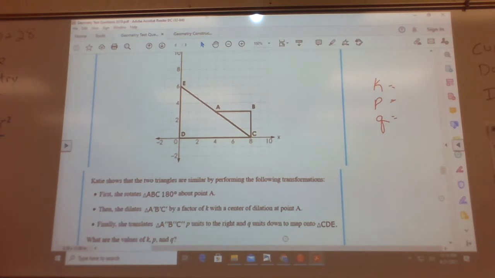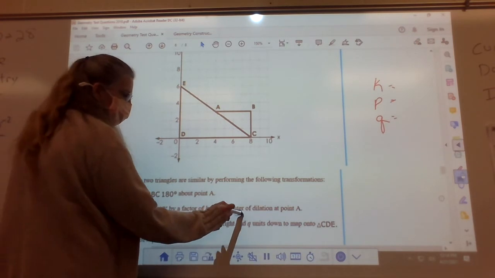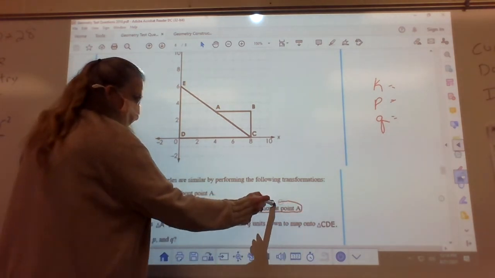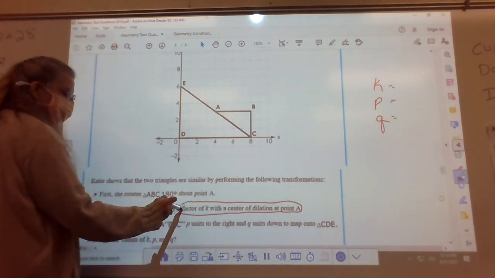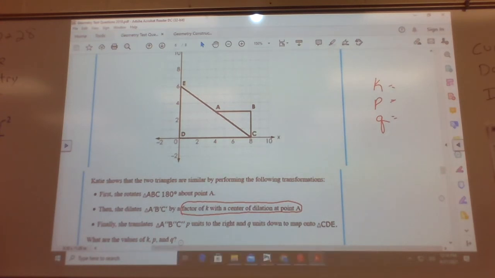K refers to the factor K with a center dilation at point A. So K refers to the dilation factor. Without doing anything else, I can figure out how much the triangle grew, so that way I can get 1 point.